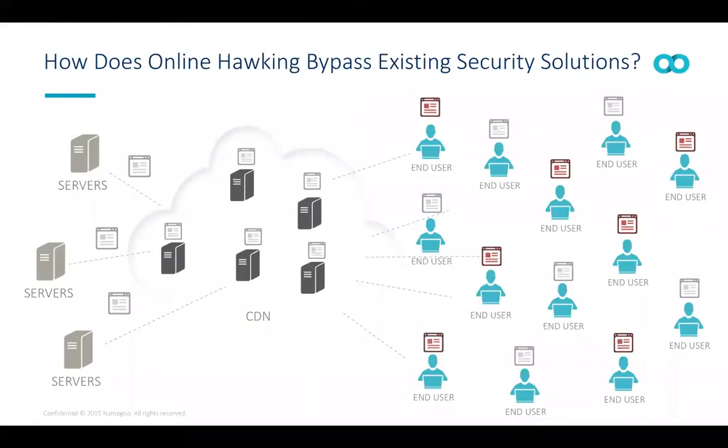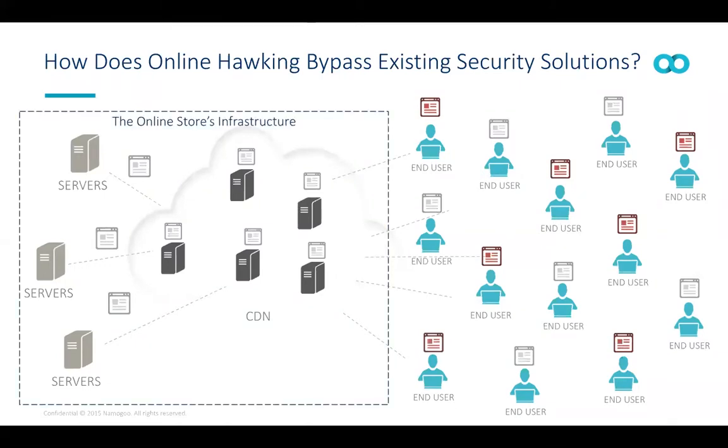So as an e-commerce company, obviously there are many types of solutions that protect the online real estate, the online store, as you call it, either protecting the servers or the cloud, whatever it may be. Online hijacking, however, manages to do harm and run beyond the scope of these solutions.